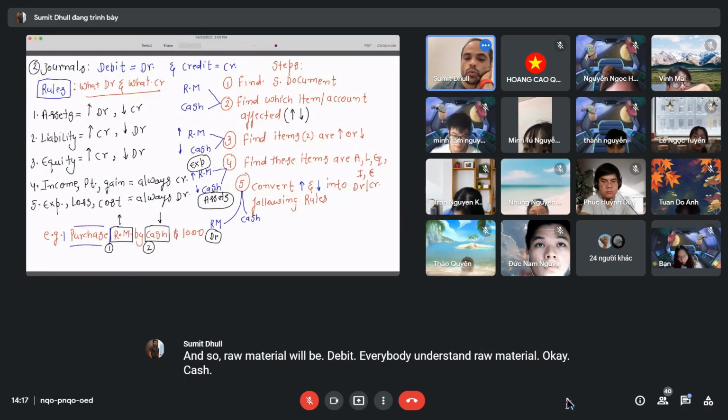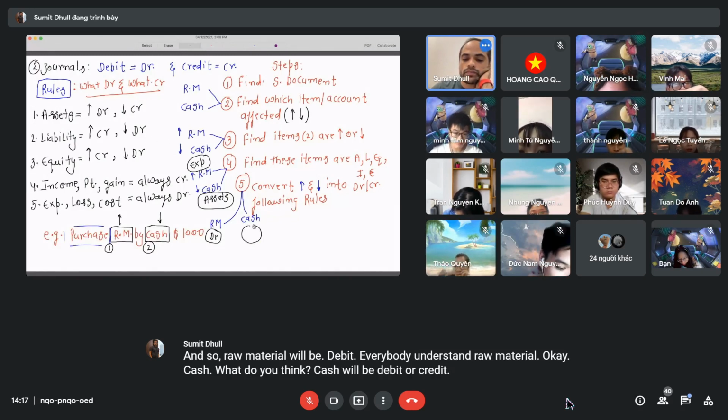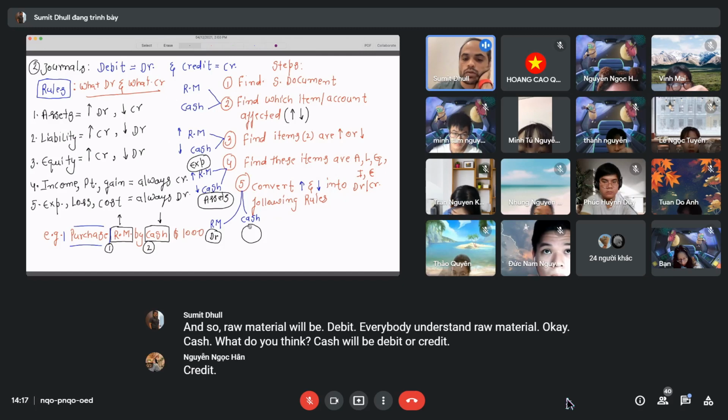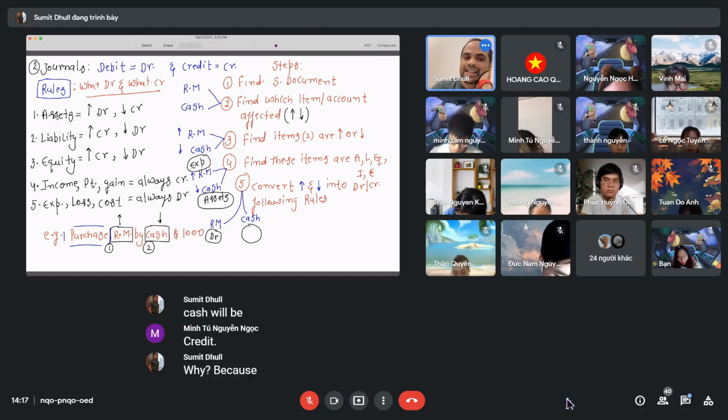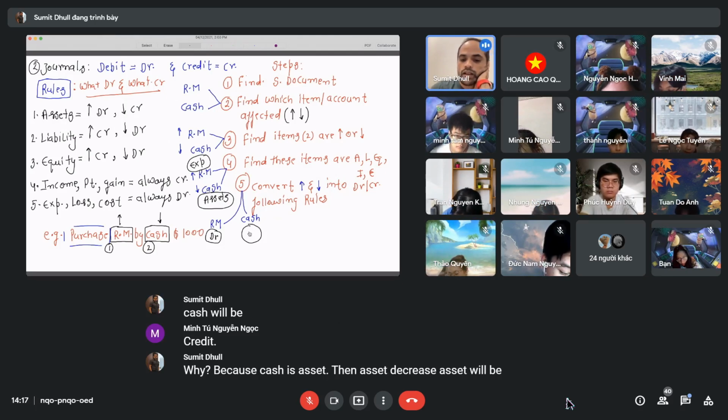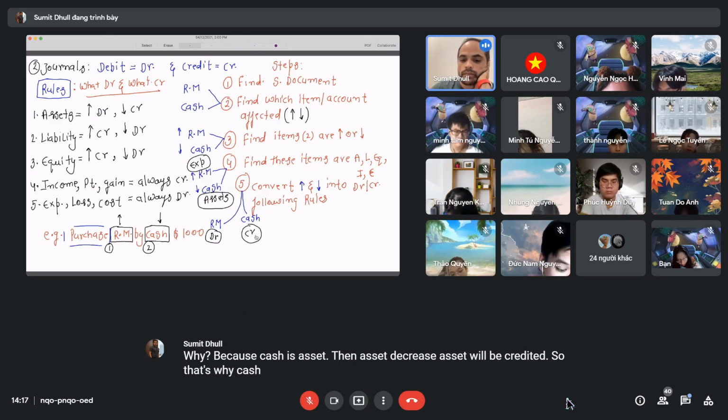Cash. What do you think? Cash will be debit or credit? Credit. Cash will be credit. Why? Because cash is asset. When asset decreases, asset will be credit. So that's why cash credit.